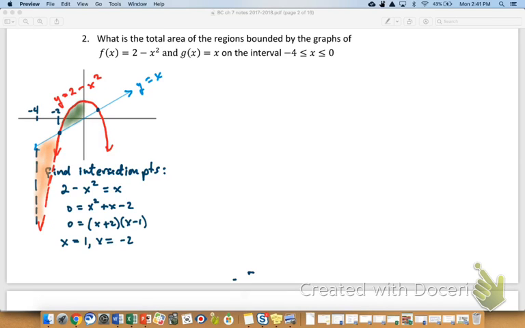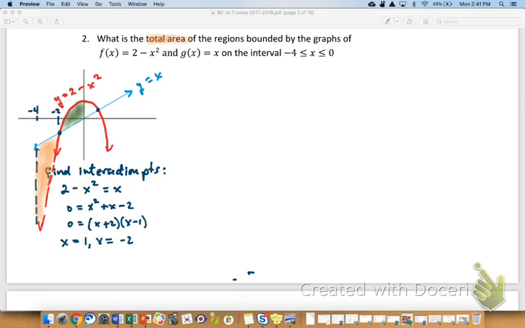And what's so tricky about this is that for the green area, isn't the red graph higher than the blue graph? But then when you look at the orange area, the higher one and lower one flip their relationship. So I would encourage you to think about this. Whenever you see the word total area, that's probably indicating that somewhere along the interval that they've given you, the high function and the low function have switched.